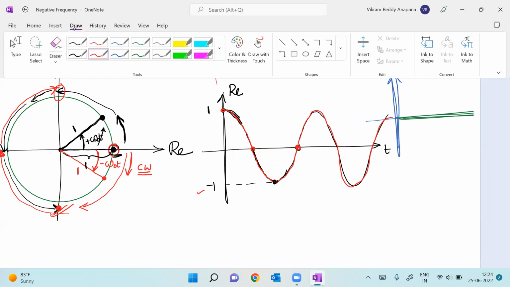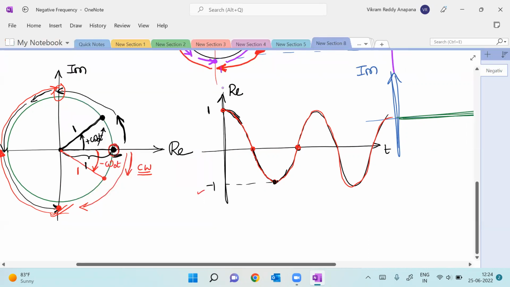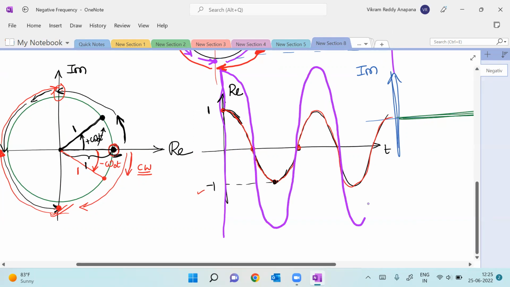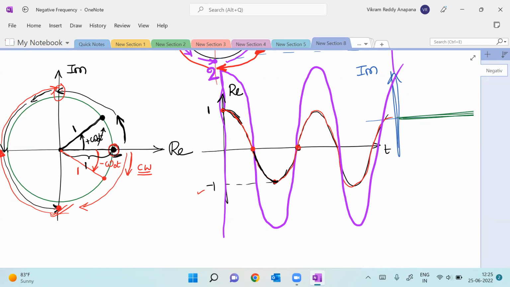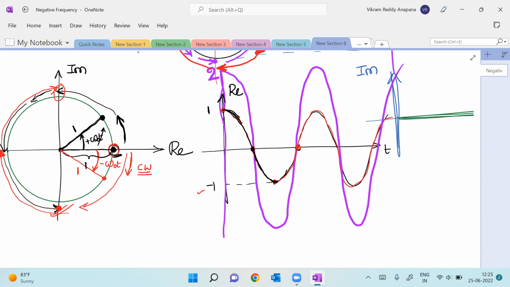So we can quickly add these two quantities. Let me add these two. If I add these two, we get it like this. So the amplitude this time is 2. I have 2 here, not 1. But I want 1 cos omega naught t, not twice cos omega naught t.